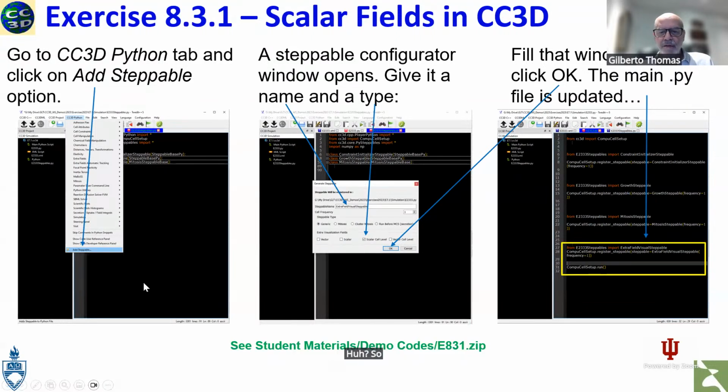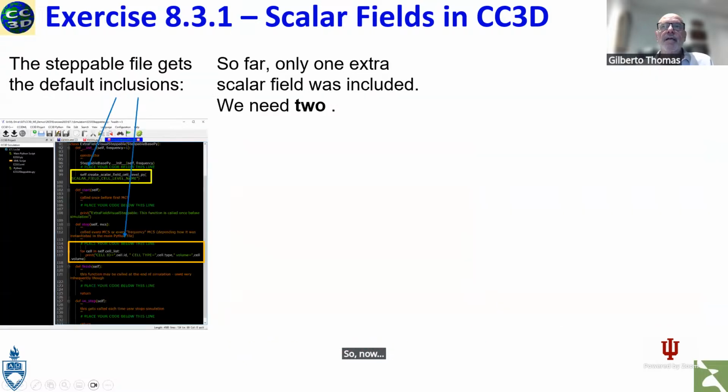So now the Steppable file gets these default lines included. See, in each part you create the field.